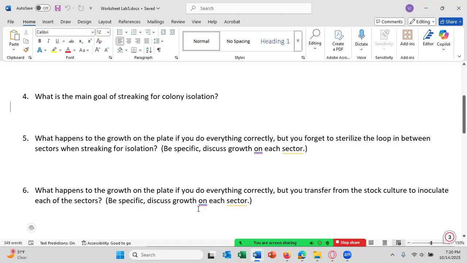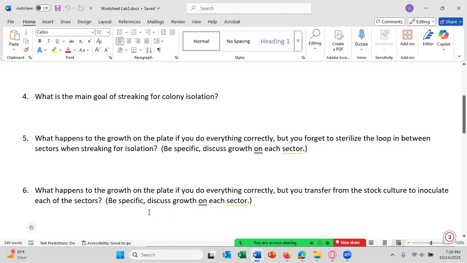All right, question 6. What happens to the growth on the plate if you do everything correctly, but you transfer from stock culture to inoculate each of the sectors? So you are sterilizing the loop before you do sector 1, and then you streak out sector 1, and then you sterilize the loop because everything is done correctly, and you go back into the stock culture to streak out sector 2, and then you sterilize your loop, and then you go back into the stock culture to streak out sector 3.